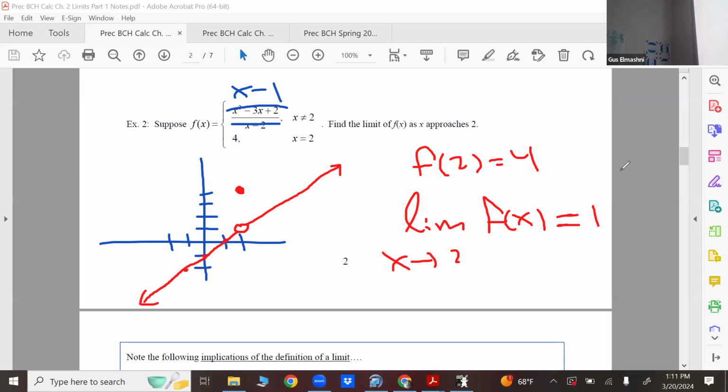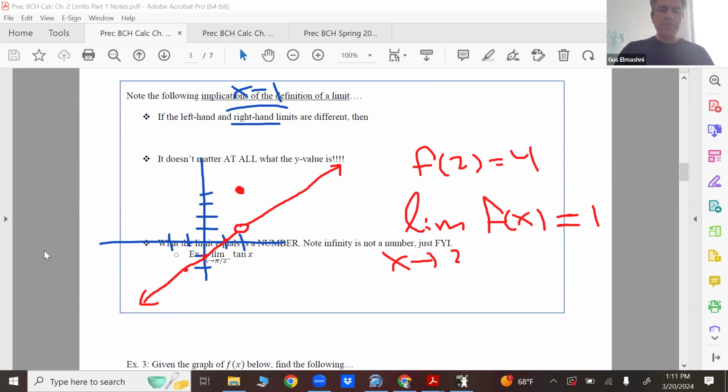So when x equals 2, c is 2. First of all, the function has to exist there. The limit has to exist, and the limit has to equal f of c. Of course, f of c might not equal the limit. But we'll have that discussion. We're getting a little bit ahead of ourselves here. Okay, let's keep moving.